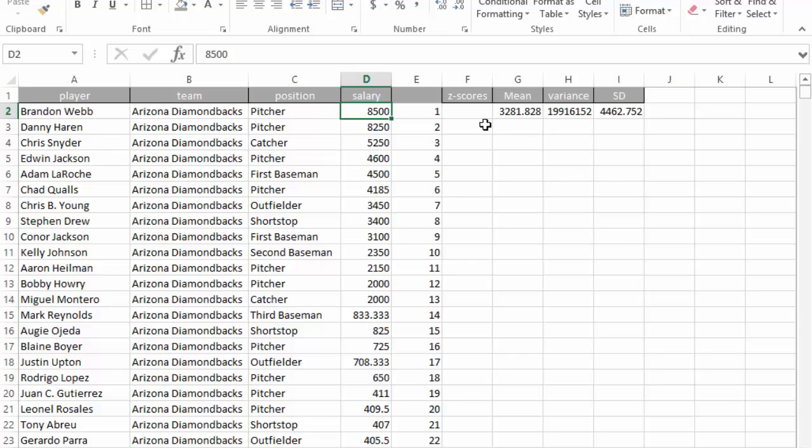So how does this relate to z-scores? Well, z-scores, or standardizing a data set, allows you to compare data points from different data sets. For example, if I took a test in biology and I took a test in calculus and I wanted to find out which test I did better on, simply comparing what I got on each test is not sufficient because I don't know what the mean is for each test.